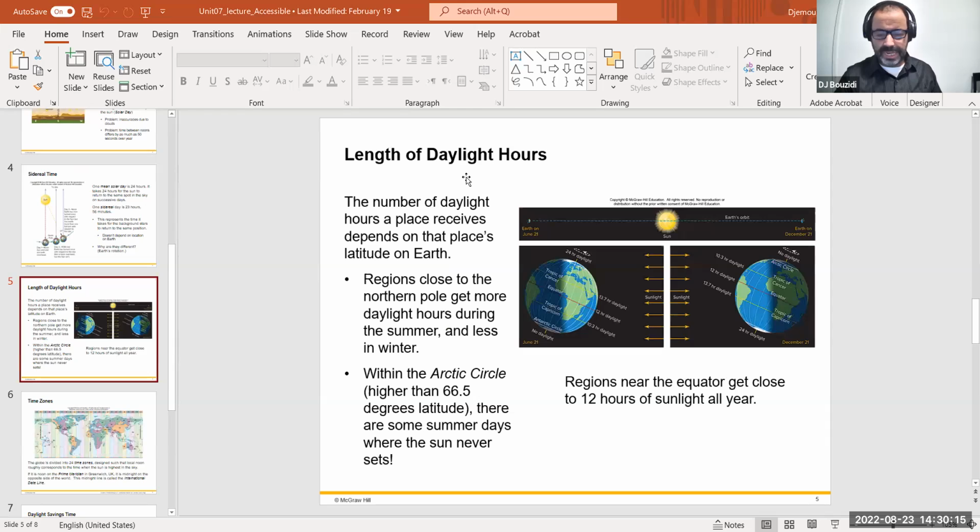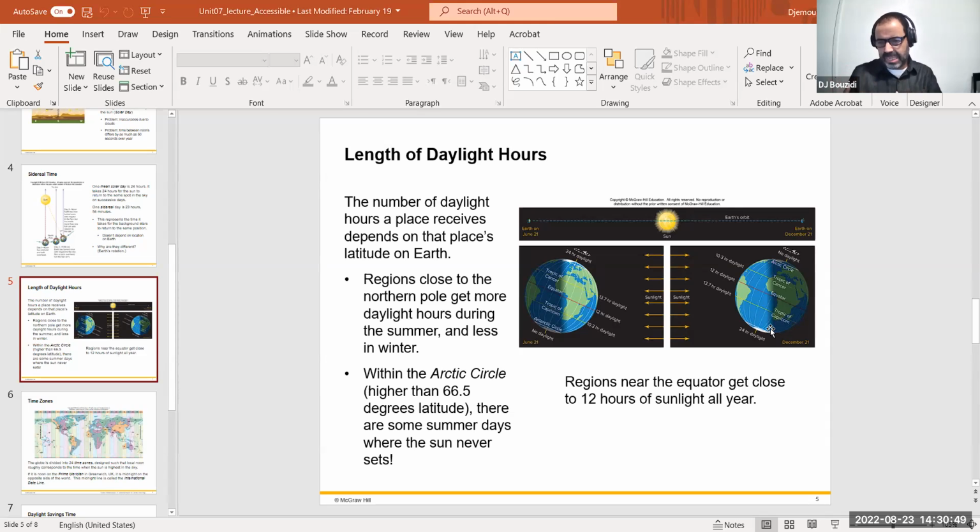So again, I mentioned that in the intro, basically the daylight changes, depends on the season, okay? Because of the tilt of the axis of the Earth, the sun rises early and sets later because there is more time of exposure to the sunlight, okay? In the summer, in the northern hemisphere. And the opposite is true in the southern hemisphere. That happens because of the tilt of the Earth. In the winter, for us, basically, they have more exposure to time.